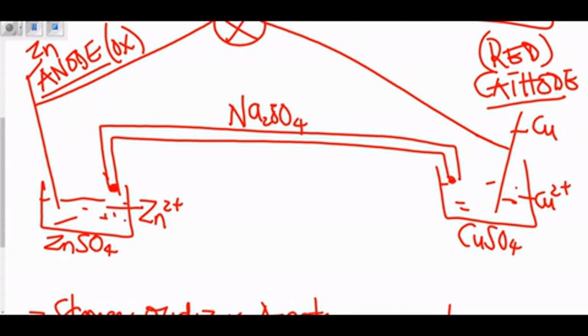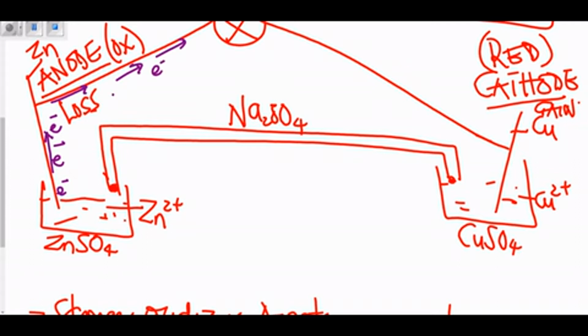And what is oxidation? Oxidation is the loss of electrons, while reduction is the gain of electrons. This is what we basically mean. Electrons are lost from here. So electrons are migrating. Remember what we said?